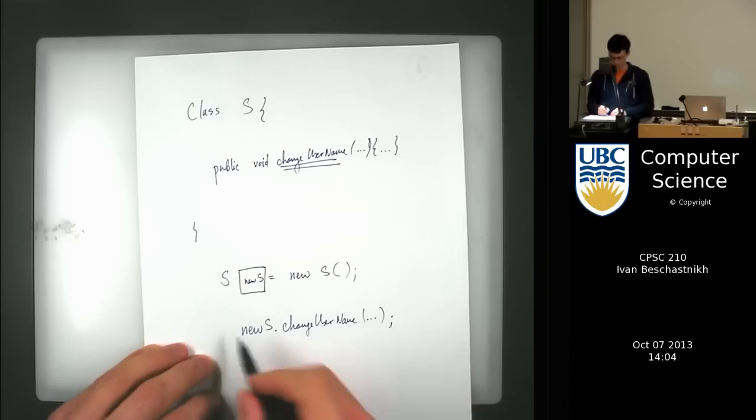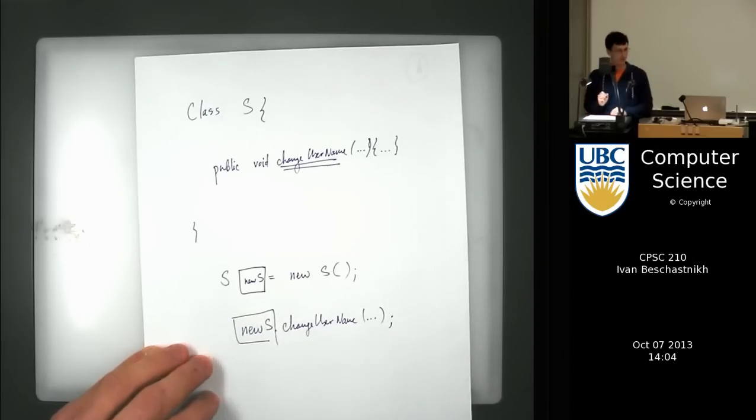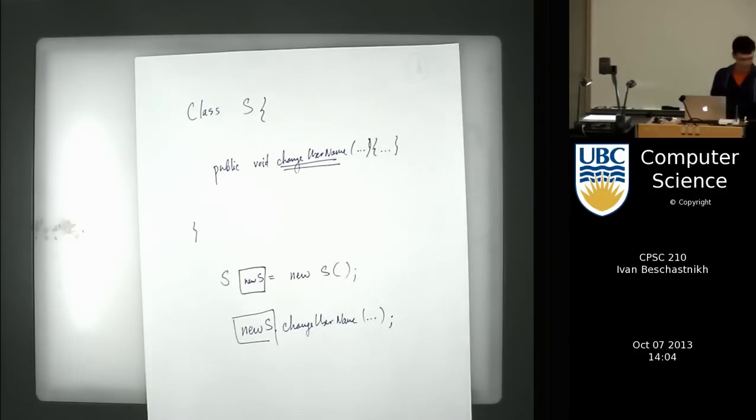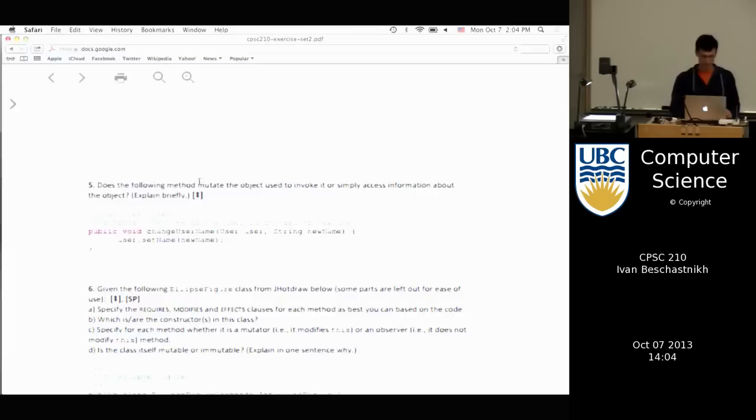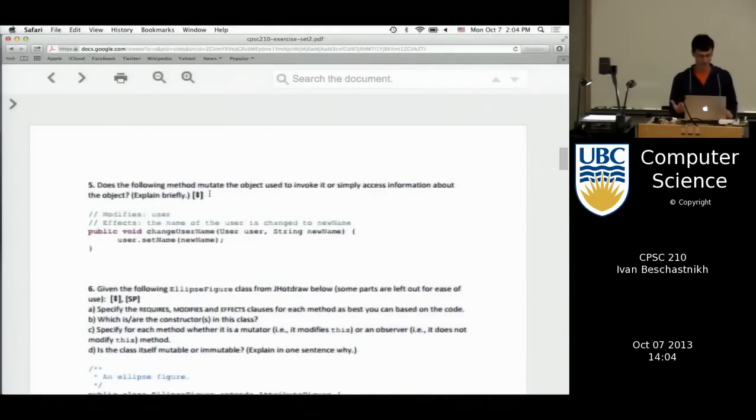So the question is really asking about this object: does this method mutate the object that is used to invoke it? Does this method mutate s? If you look at the code, how do you refer to the object used to invoke the method?